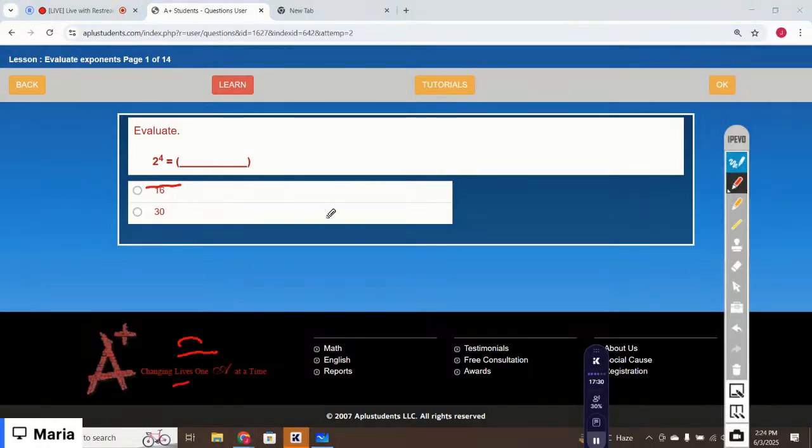So 2 exponent 4 means you need to multiply 2 four times, 2 times 2 times 2 times 2. 2 times 2 is 4 and 2 times 2 is 4. 4 times 4 is 16.